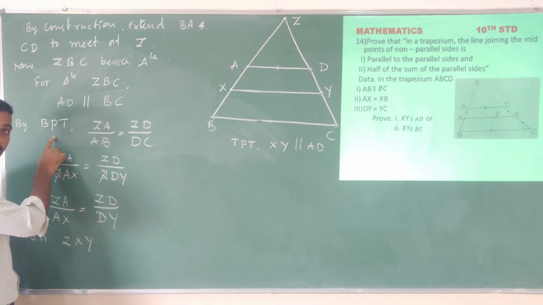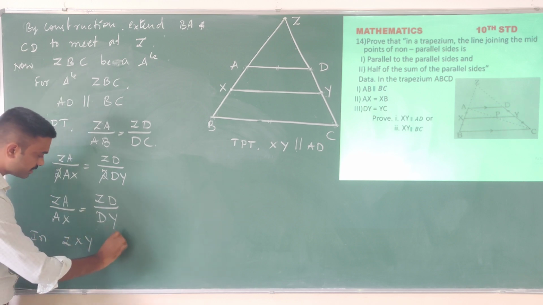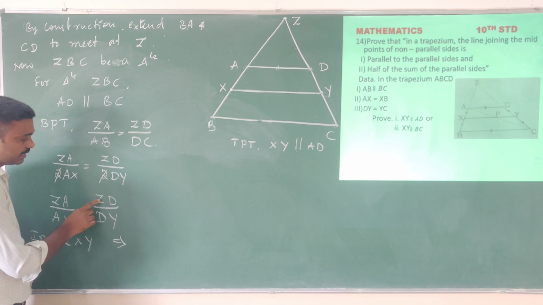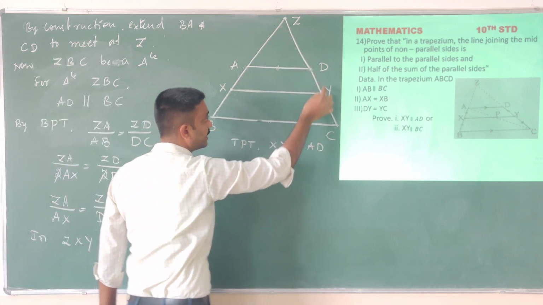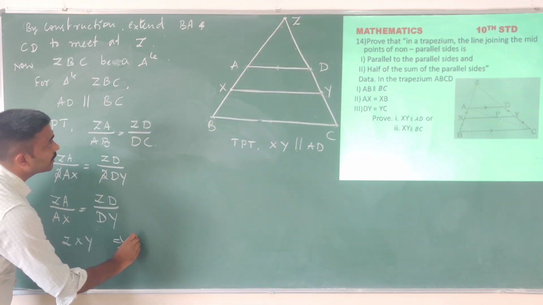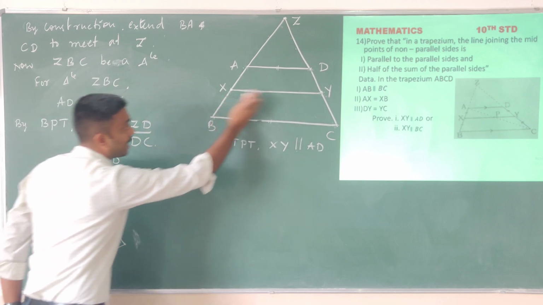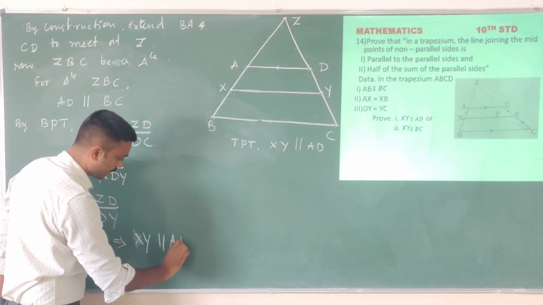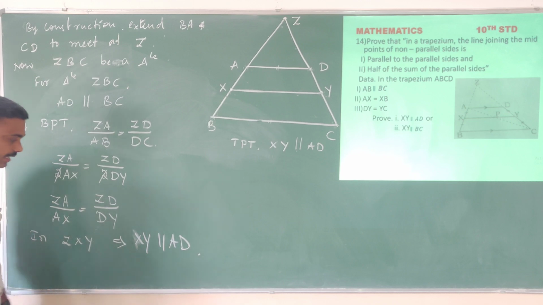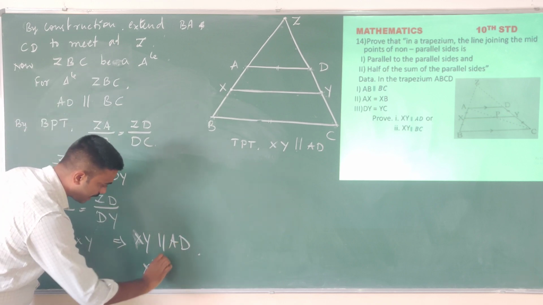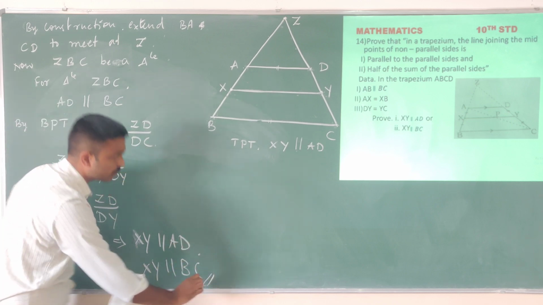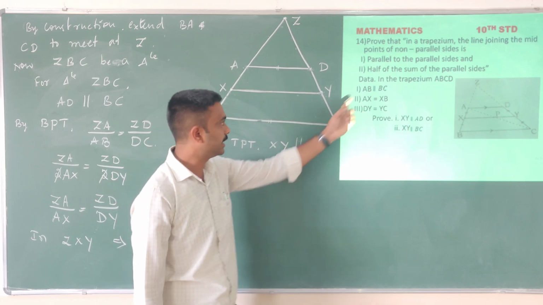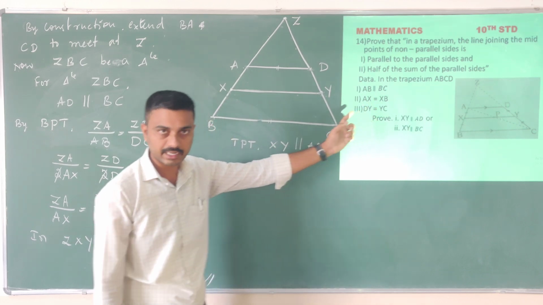The converse of the basic proportionality theorem says that since ZA by AX is equal to ZD divided by DY, XY is parallel to AD, and hence XY is parallel to BC as well. So this is the first condition that we needed to show. Correct? Thank you.